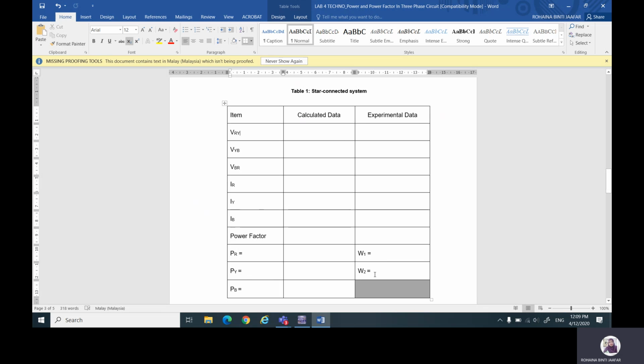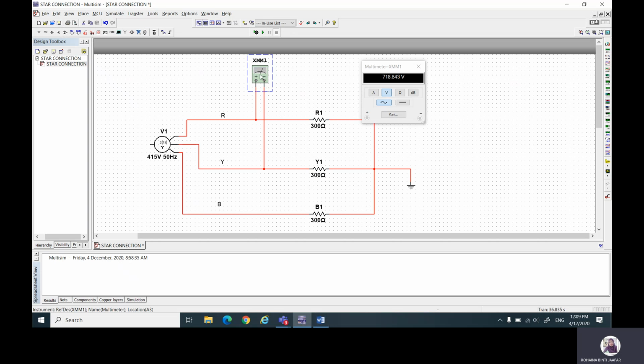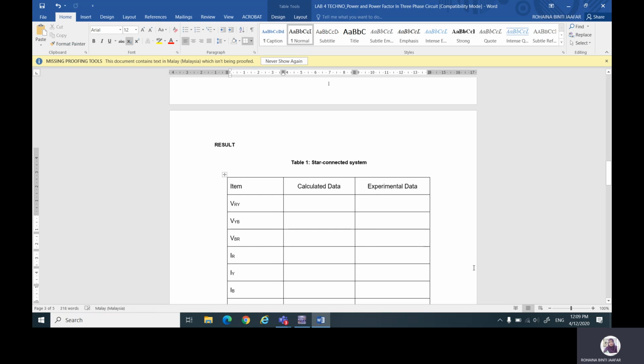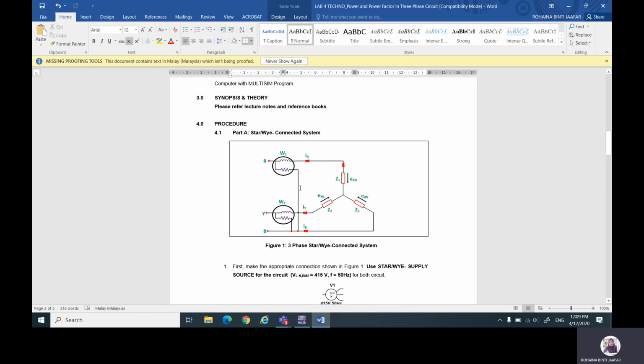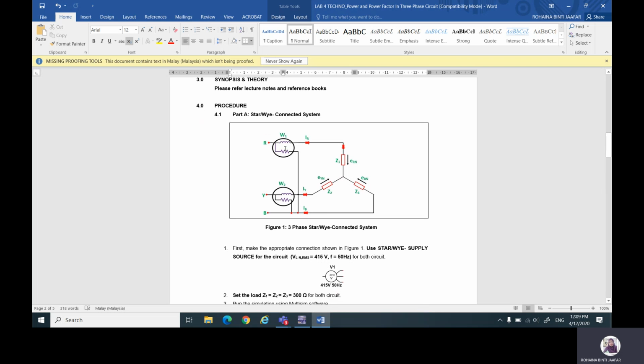Now I will focus on how to do the connection using the 2-wattmeter method. For the wattmeter method, you can refer to the connection from this circuit. Since we use the 2-wattmeter method to measure the total power of the three-phase circuit, we only use two wattmeters, wattmeter 1 and wattmeter 2.